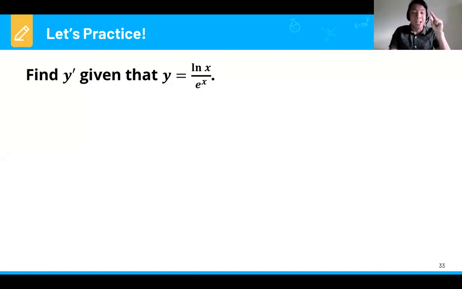Our e raised to x is a natural exponential function, and our ln x is a natural logarithmic function. So we have now the combination. How can we do that? Since we have division, we will use the division property of differentiation.